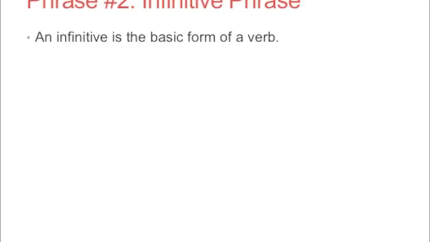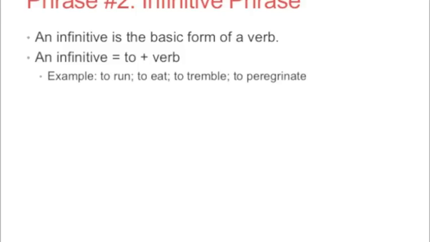For example, comer in Spanish is to eat. So you always define the infinitive of the verb with the word to. Correr, to run. Leer, I think is to read. Okay, so the infinitive is the basic form of a verb, which includes the word to.